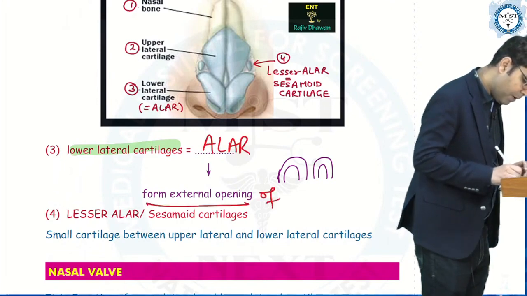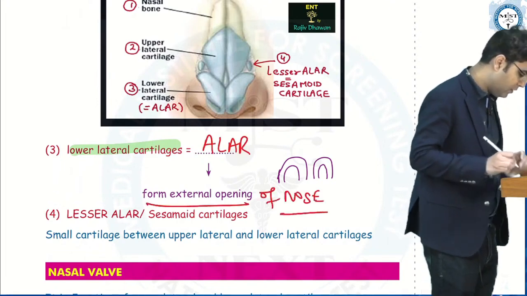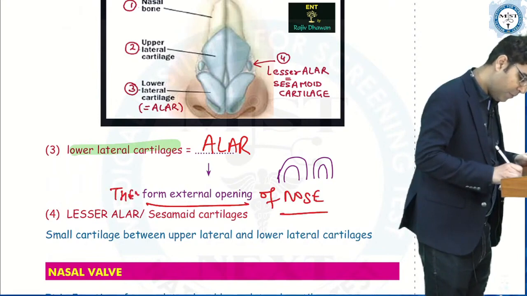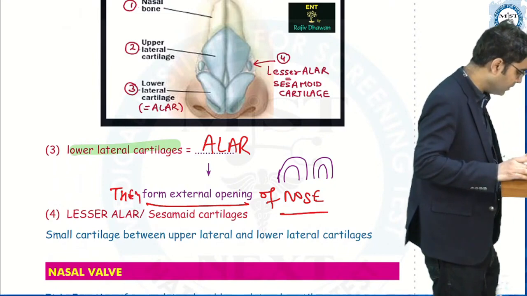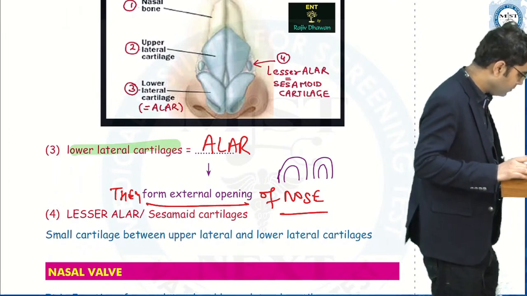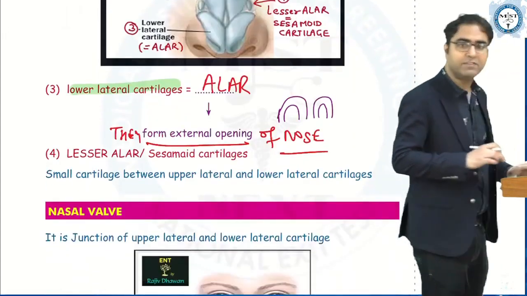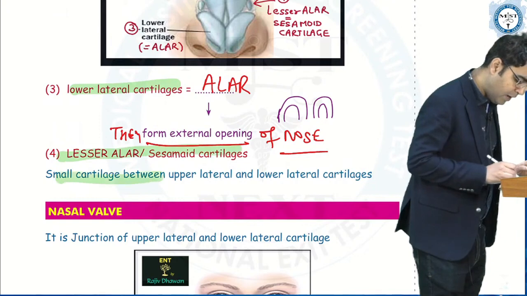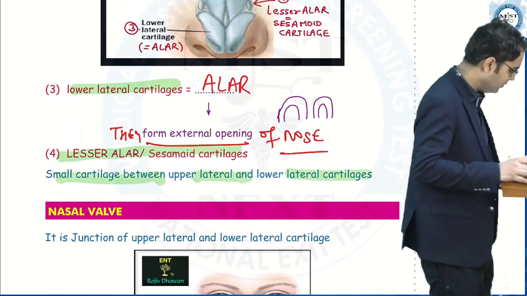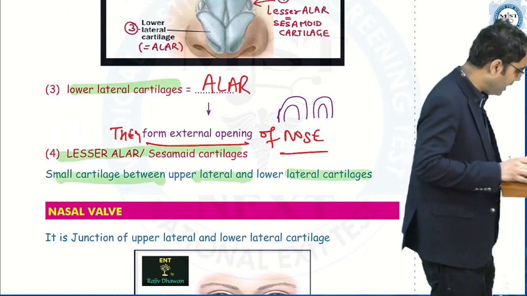They form the external opening of nose, beta. Number 4, lesser alar or sesamoid cartilages. These are small cartilages between upper lateral and lower lateral cartilages, beta.